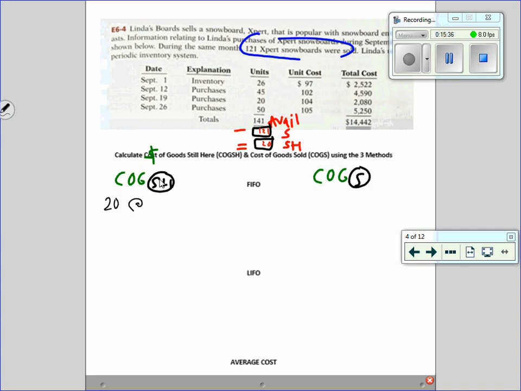So the oldest stuff is gone, and the newest stuff is still here. What value are we going to place on the 20 things that are still here? Say it again. 105 equals, it's not 5250, it's 2100.